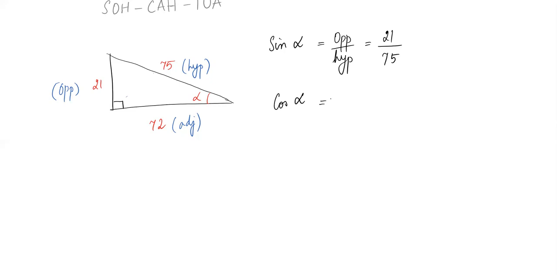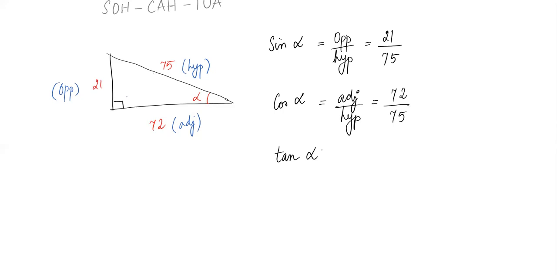Cosine alpha would be adjacent over hypotenuse, CAH, which is 72 over 75.